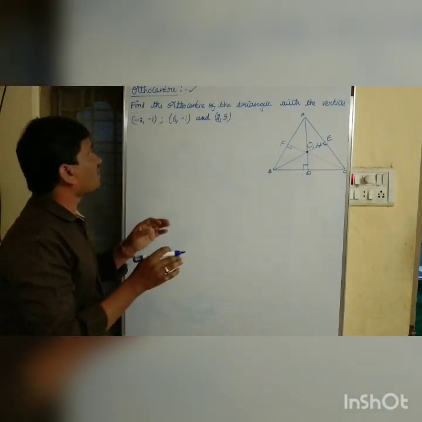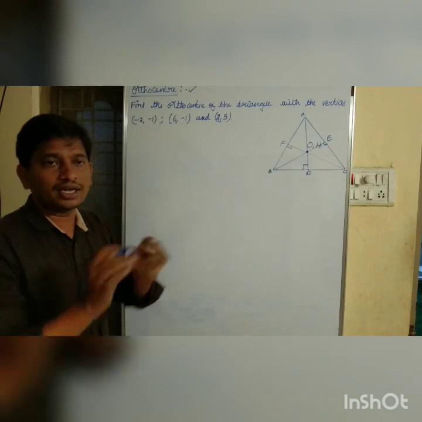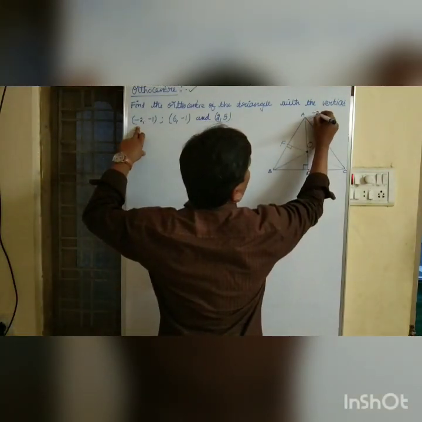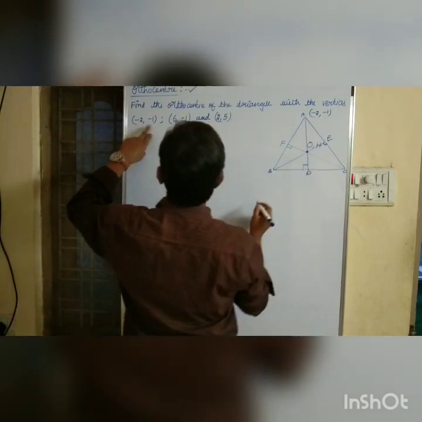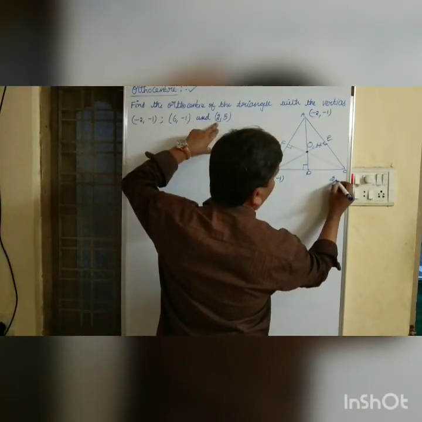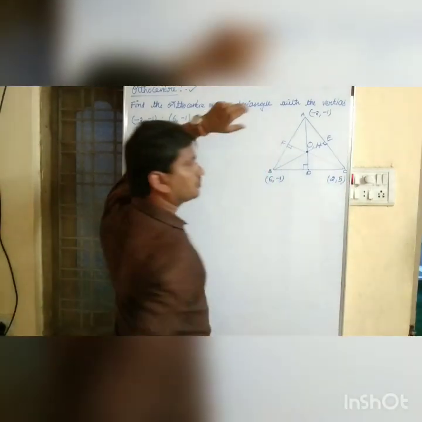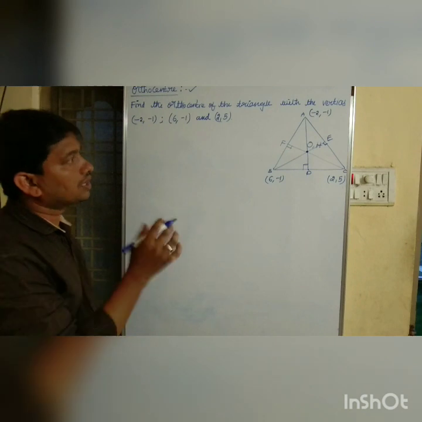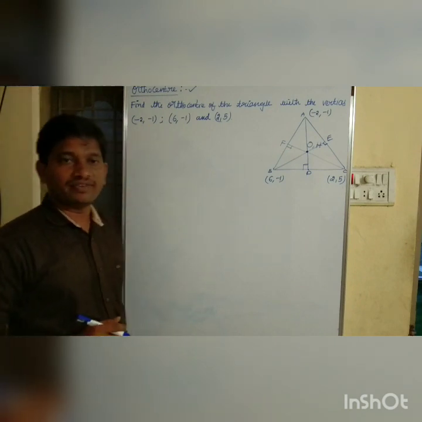Now, let us find the orthocenter of the triangle with the vertices -2, -1, 6, -1 and 2, 5. So, how do we find the orthocenter of the triangle with the given vertices?